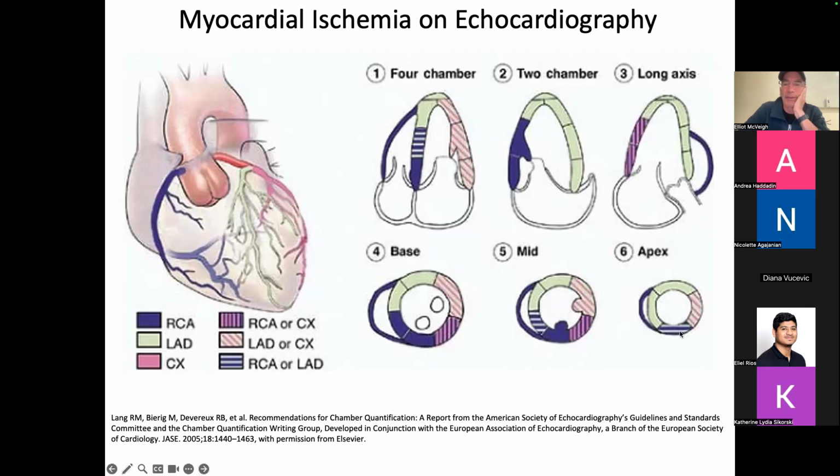So the color map here shows the best guess of which coronary vessel feeds that myocardium blood. Okay, so if I'm looking again, this is called long axis, but this is the parasternal view.